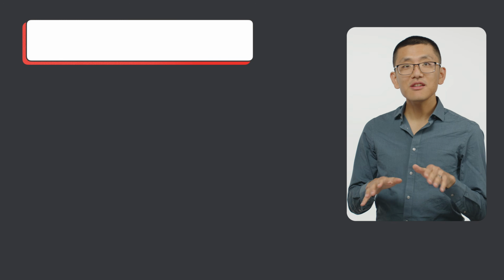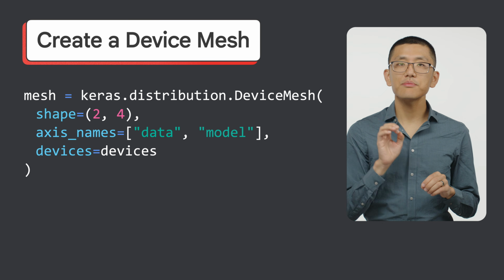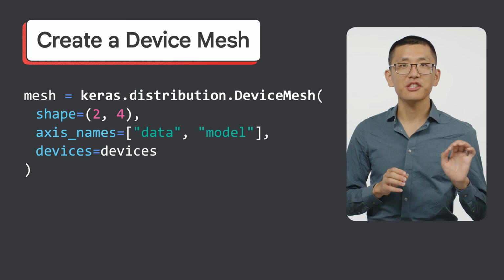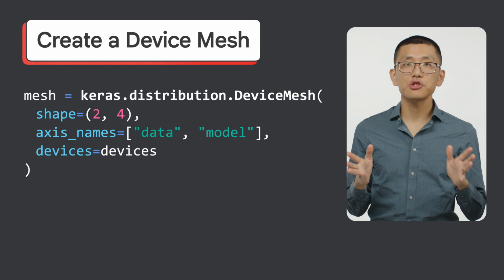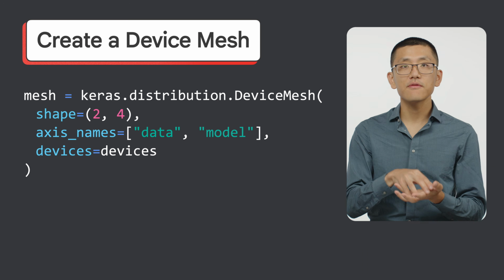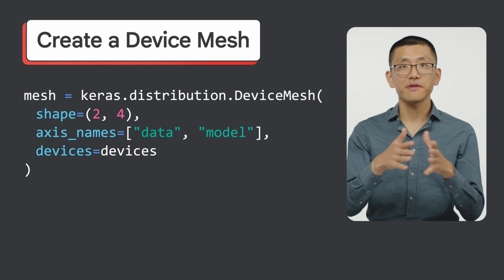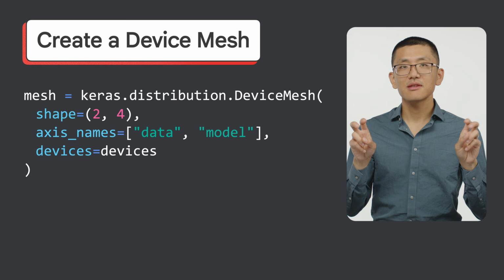The foundation of the distributed computation API is the keras.distribution.DeviceMesh class. The mesh terminology is common in distributed computing contexts and represents a cluster of computational devices configured together, which can be made into various shapes.